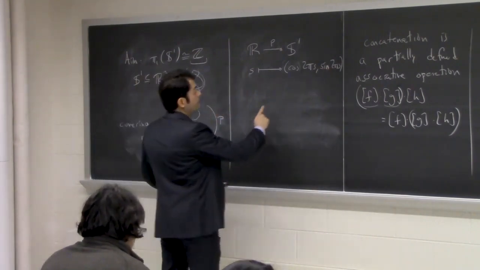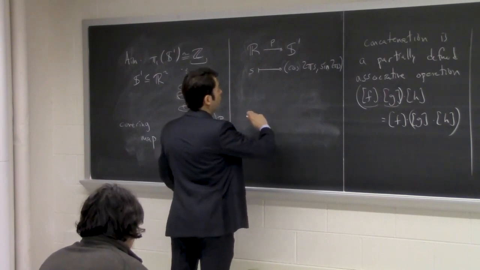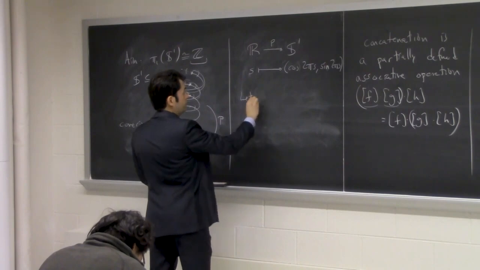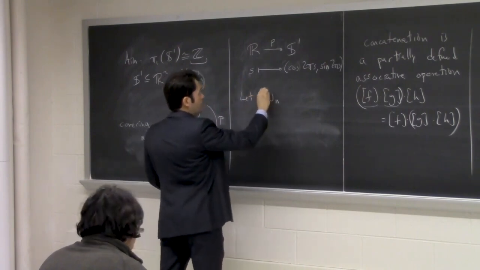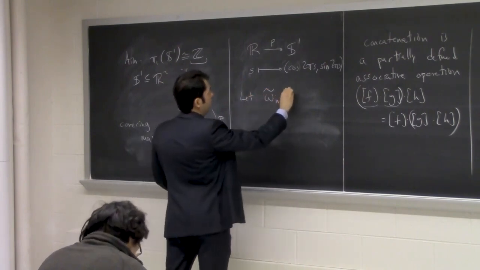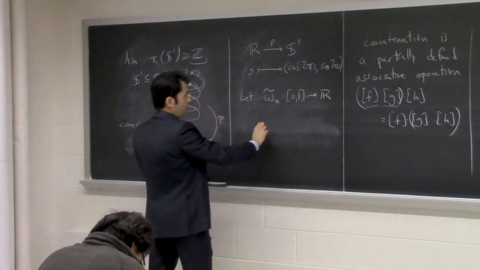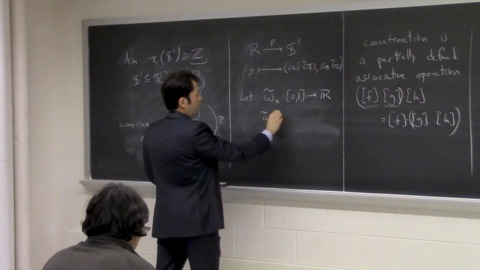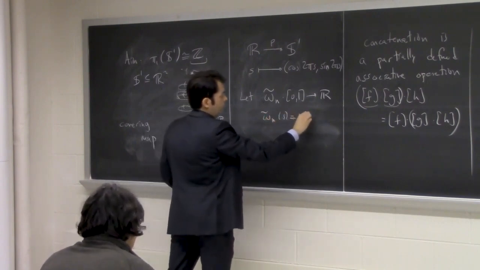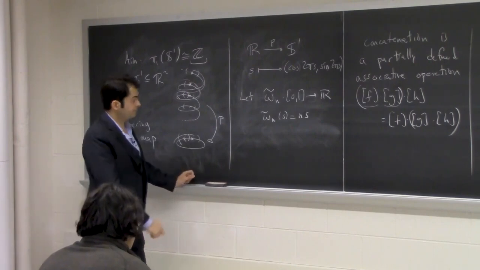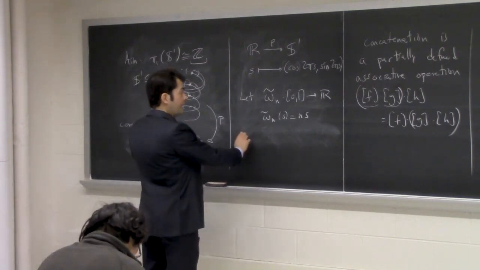And we're going to define omega n tilde to be a path in R, let's say it just goes from 0 to n.